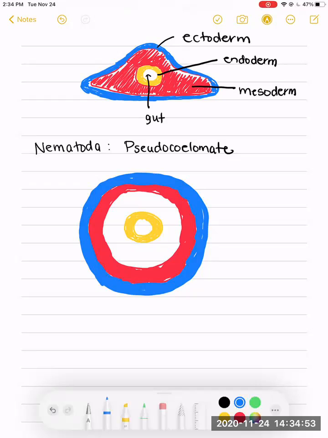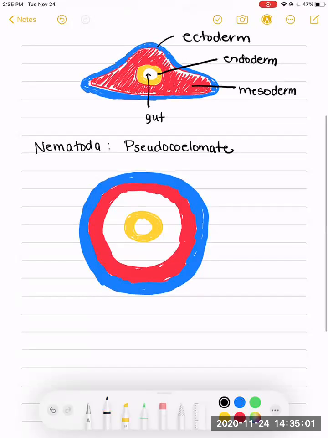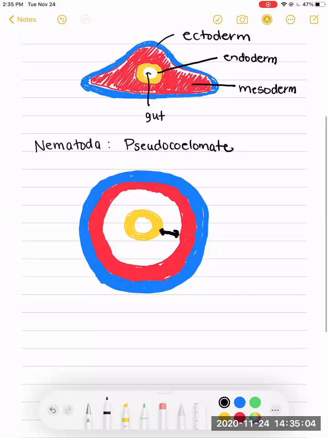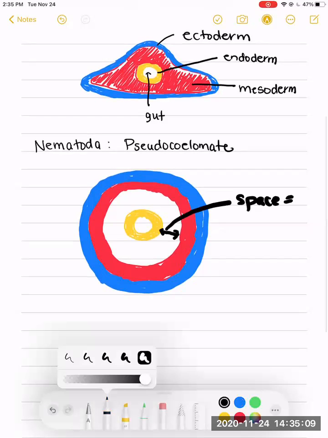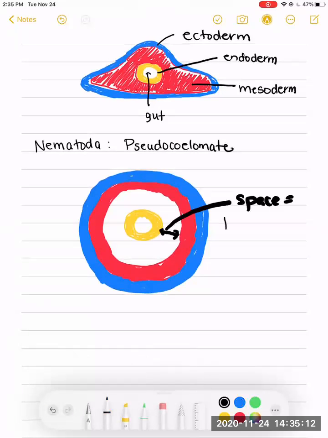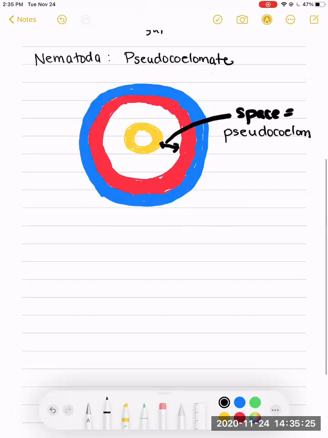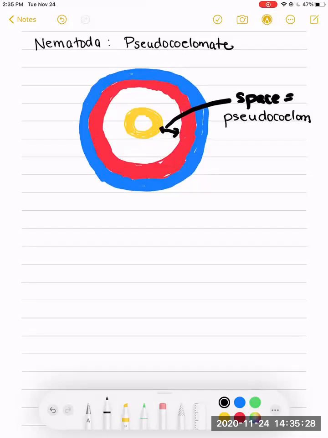So I'm not going to go through the trouble of writing that, because you already know from the previous, but this space here is the pseudocelome. And again, the worms can fill that with water, and they can have a little bit more complexity. A true celome is going to happen as we get to the next organisms.